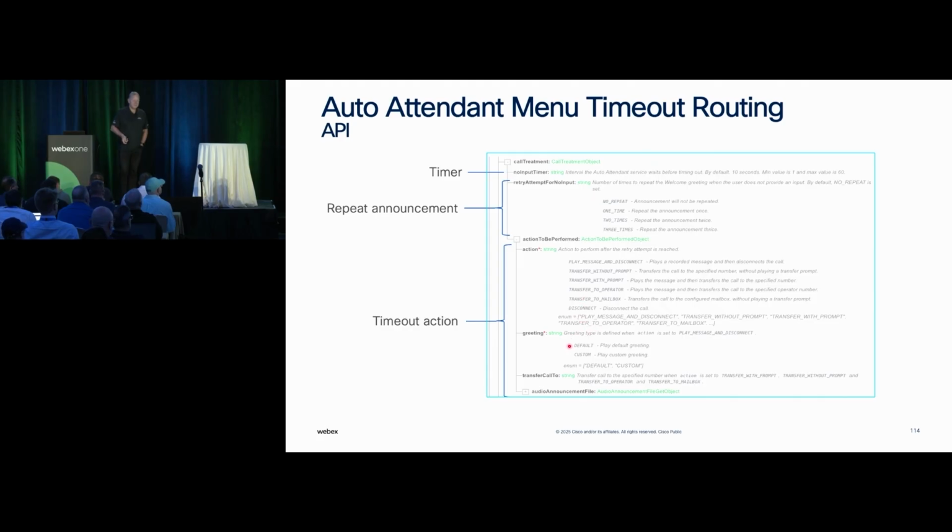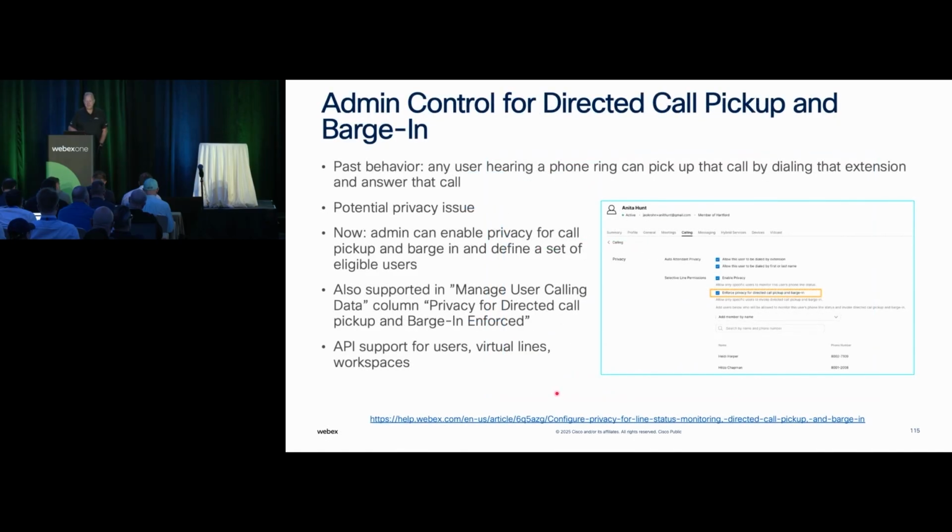You can put a greeting here, and then there's also a transfer destination if needed, and an audio announcement file that can be set. So this feature can be provisioned in Control-Up, bulk provisioned in CSV, or bulk provisioned using APIs.